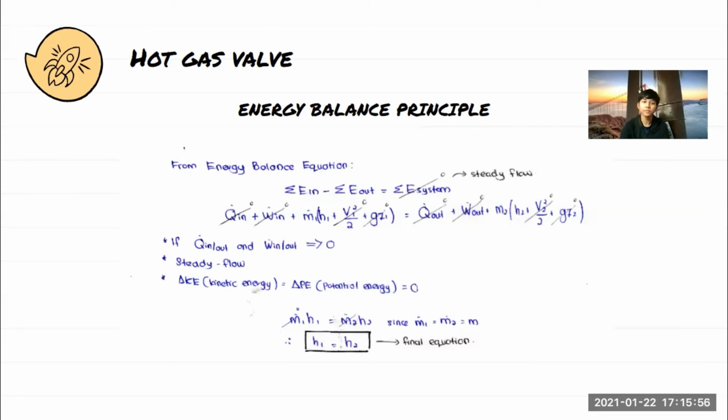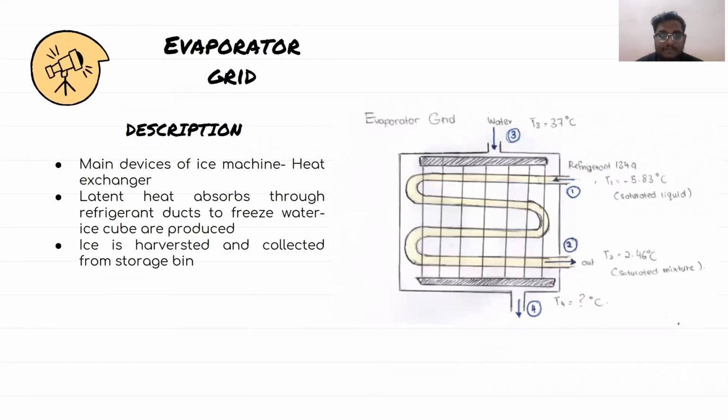Evaporator grid. The evaporator grid is one of the main devices in an ice machine, which acts like a heat exchanger. To produce ice, latent heat needs to be absorbed through a refrigerant in order to reduce the temperature and pressure of the water.